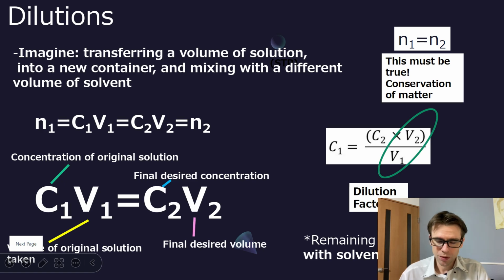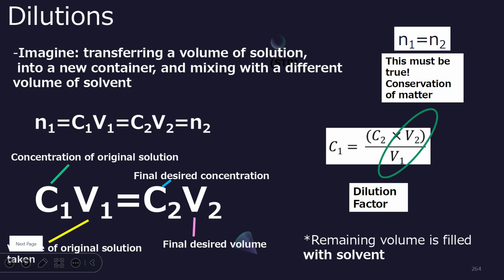We'll go through some sample problems. And then just one more thing I want to mention on the right side. Oftentimes, you might rearrange this for C1 or V1. So C1 equals C2 times V2 over V1. And you'll notice there we have a ratio of volumes, V2 over V1, so those units will cancel out, and they'll just provide a ratio number that we'll call the dilution factor.